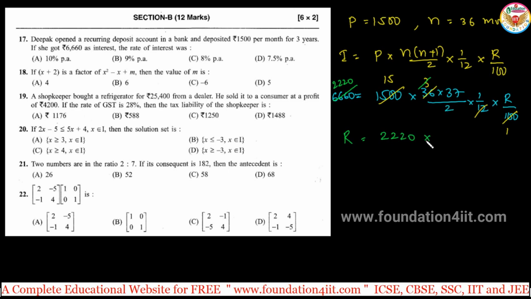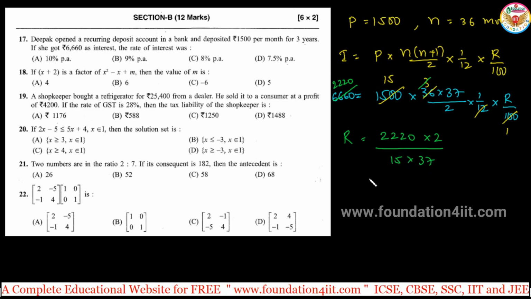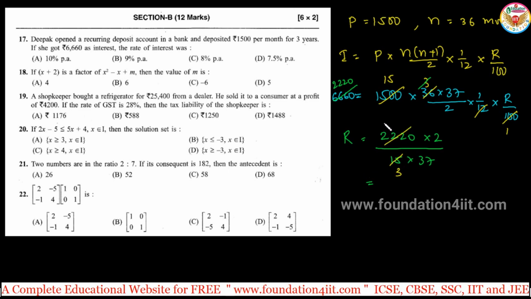2 is dividing, no, it will be multiply. Take this side and divide by 15 into 37. So we can cancel this 5 table. 5 3s are 15, again 5 4s are 20, 4s are 20, again 4. 37 times, okay, this is again 3 table.